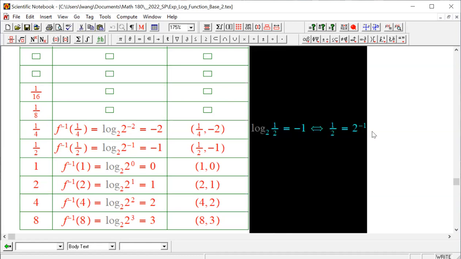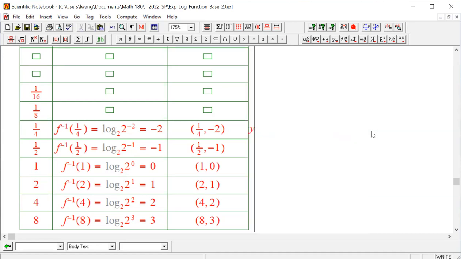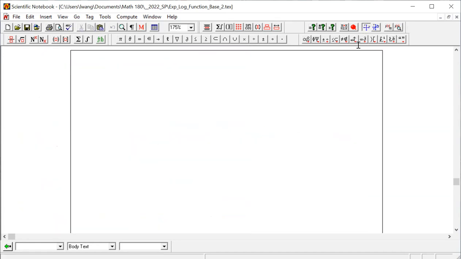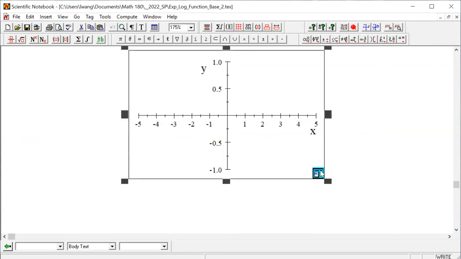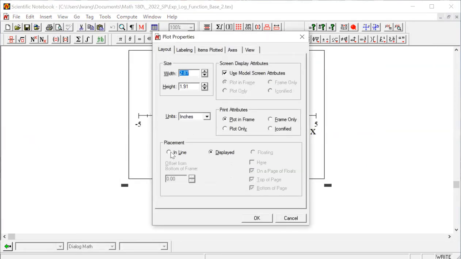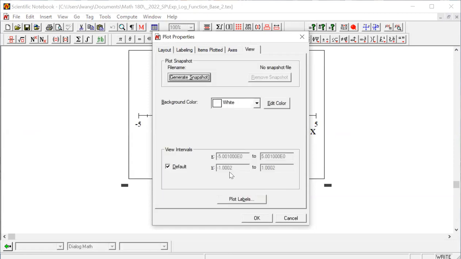And next, let's plot these points. Okay, let's plot these points. I'm going to set up the rectangular system in such a way that to the left of y-axis, there's nothing there because those x are less than 0.